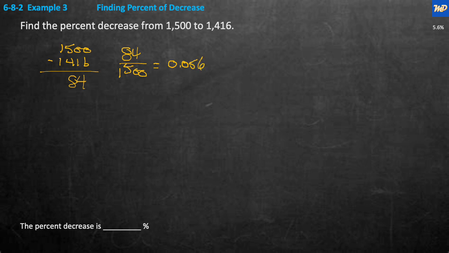And if we move the decimal point 2 places to the right, we're going to end up with 5.6%. They don't say to round it, so that's our answer, 5.6%.